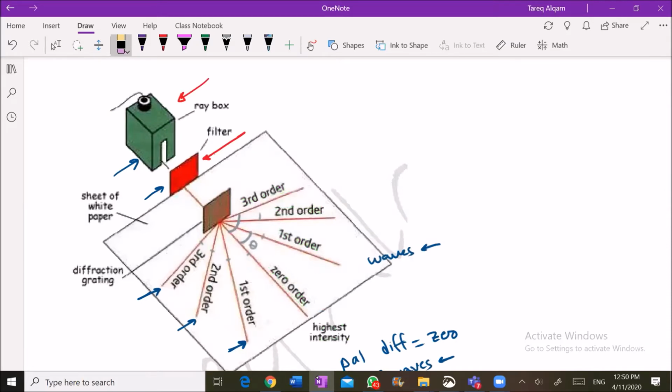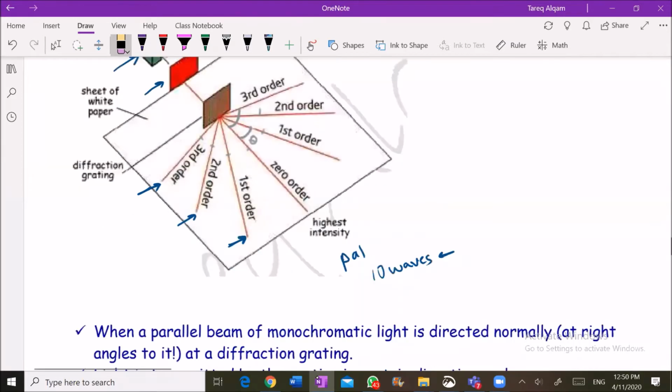Same thing, guys: dark regions, bright regions. Do you see these lines? These lines observed here, this one, this one, this one, this one, this one, this one, and this one, are the bright regions.